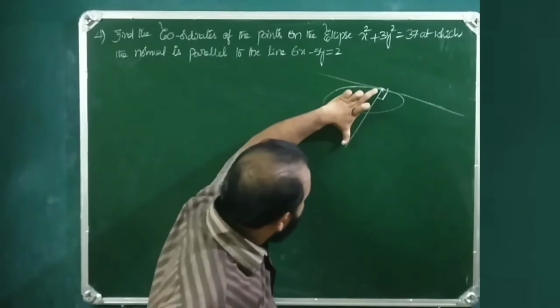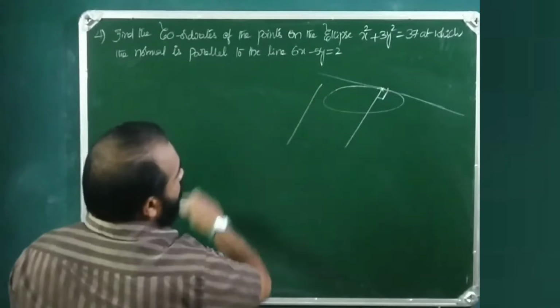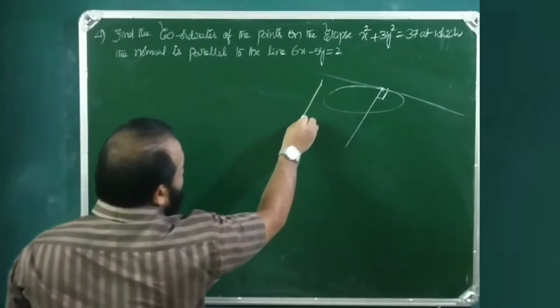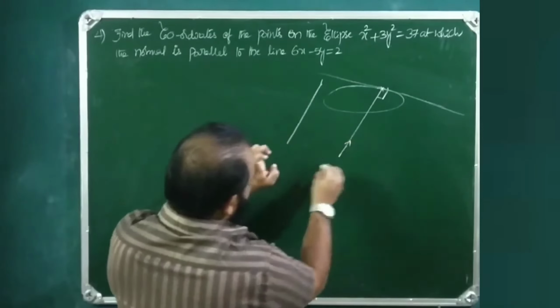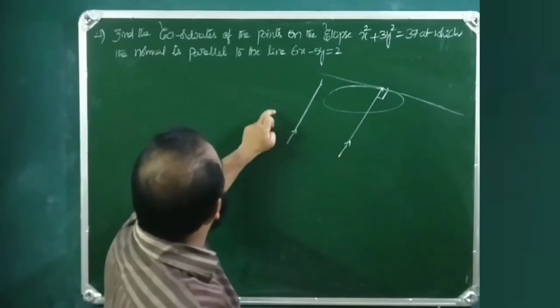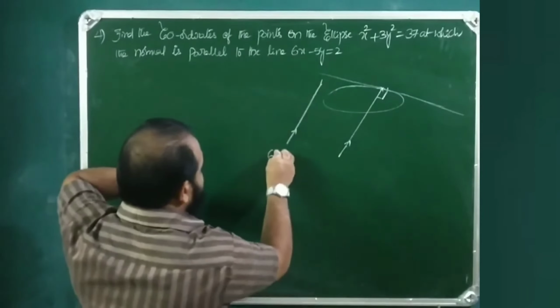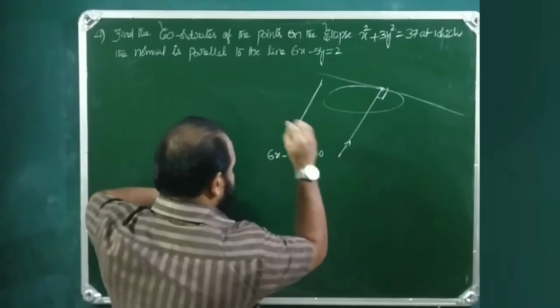So according to the question, the normal is parallel to the line 6x minus 5y minus 2 equals to 0.